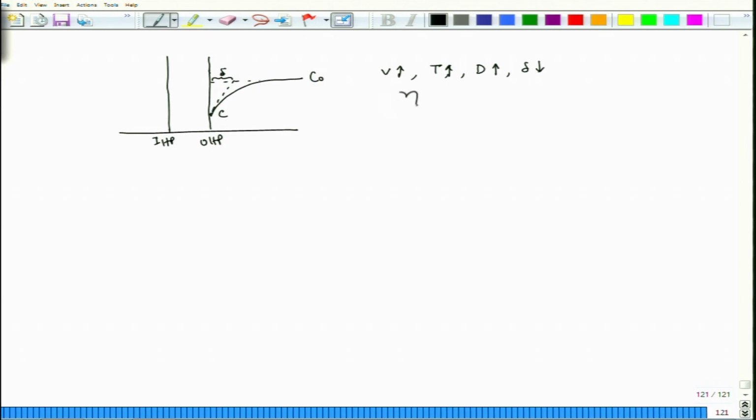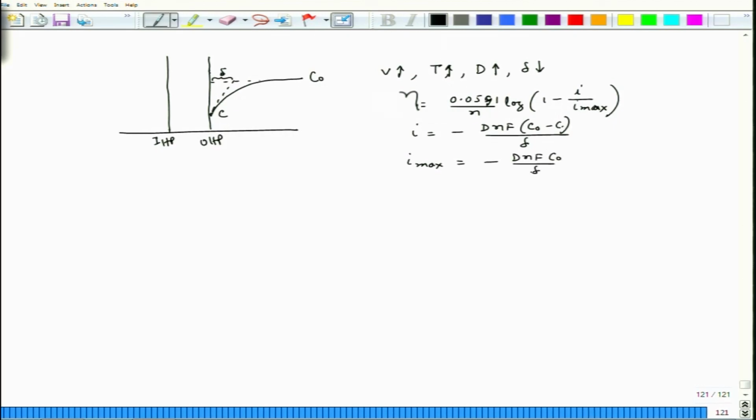And interestingly, concentration polarization on the cathodic side is 0.0591 by n log(1 minus I by I max). You could see that this I is also related to minus DnF (C0 minus C) divided by delta, and I max is equal to minus DnF C0 by delta.